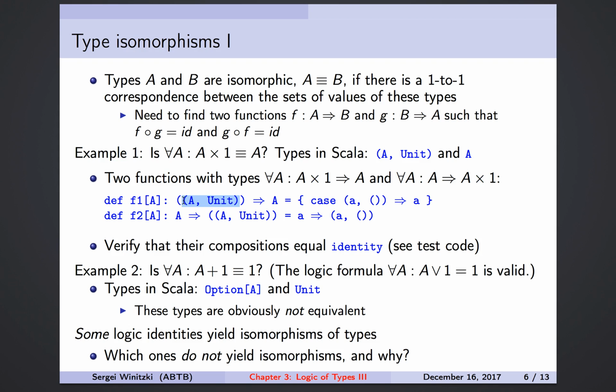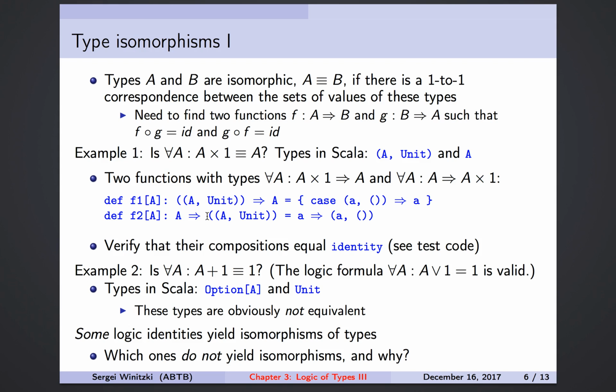Notice the double parentheses. There's a parentheses around the tuple and extra parentheses around the arguments of functions. In Scala, the syntax is such that if you have a tuple as an argument, then you need double parentheses in the function type.